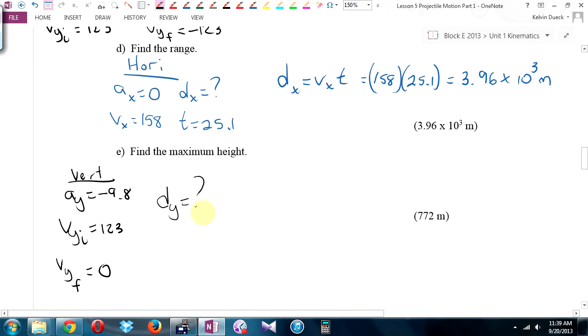I could probably find time, or in fact, somebody last class said, couldn't you just divide the time of flight by 2? Probably, but I might avoid that just in case I got the time incorrect. I'm looking for an equation that has AY, V initial, V final, and D in it. Which equation has those? Okay, Yvonne, which one?